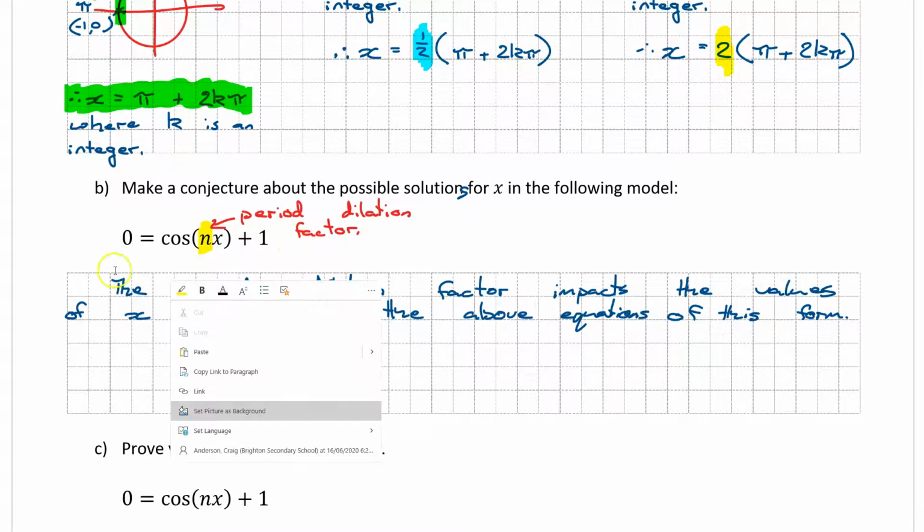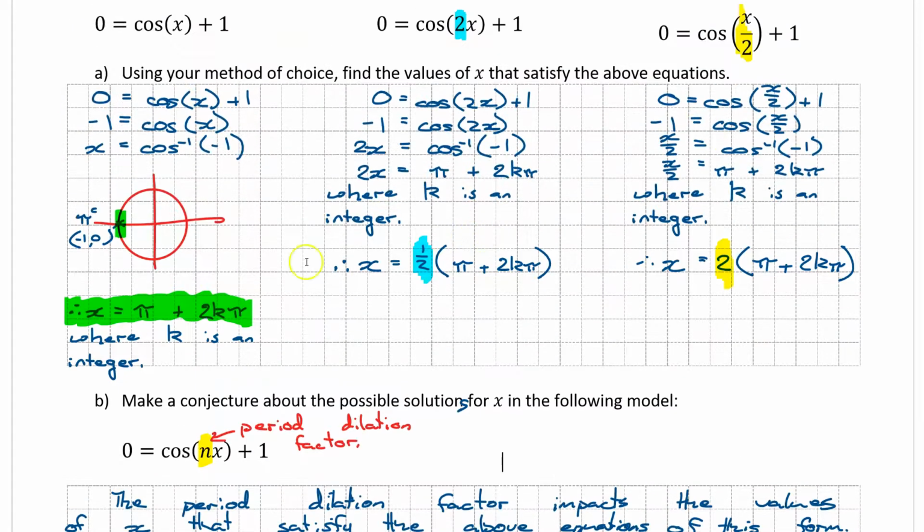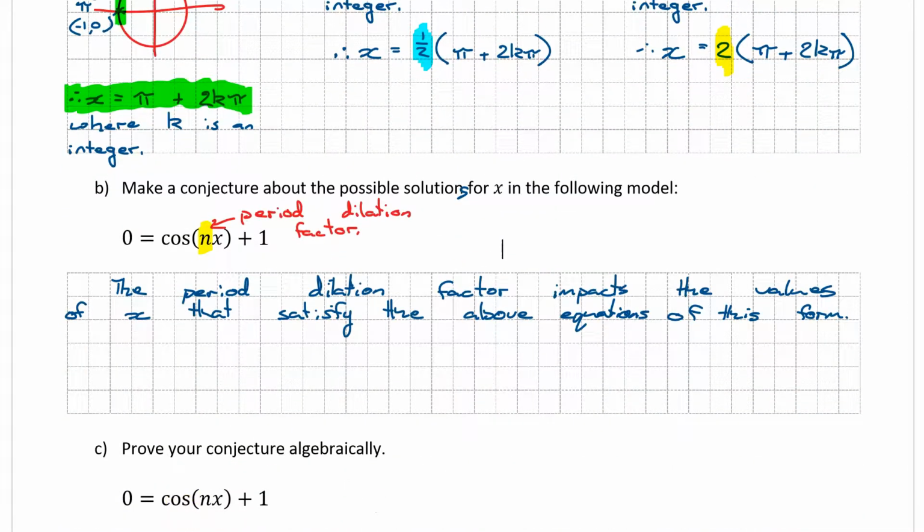And going up, you can see that the period dilation factor, in this case n down here, scales the values of x as a factor of 1 over n. So you could write the values of x are scaled by a factor of 1 over n.